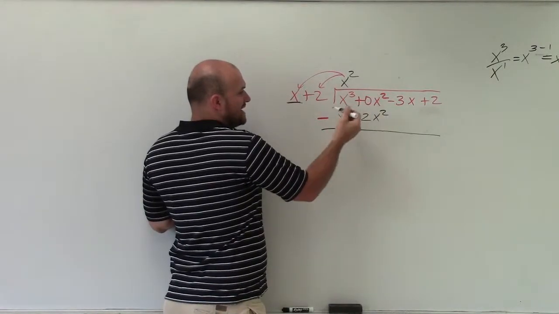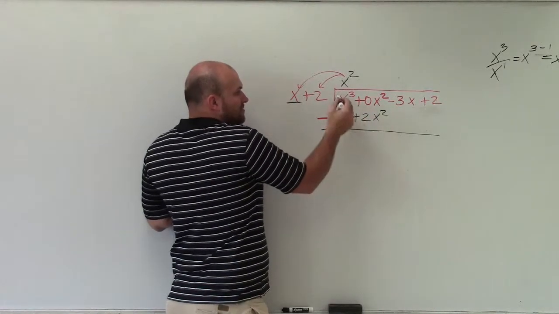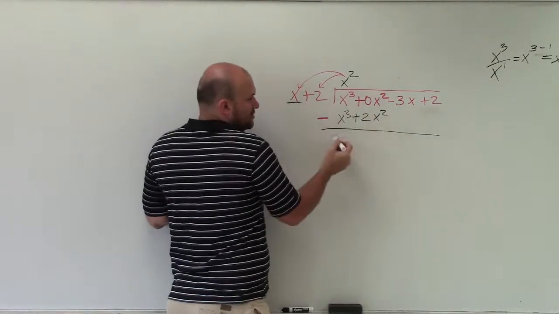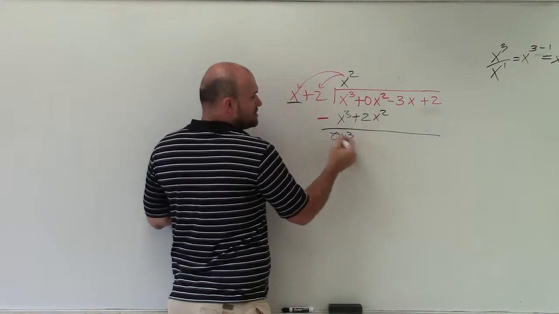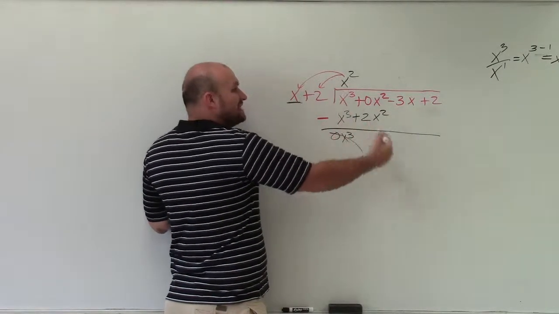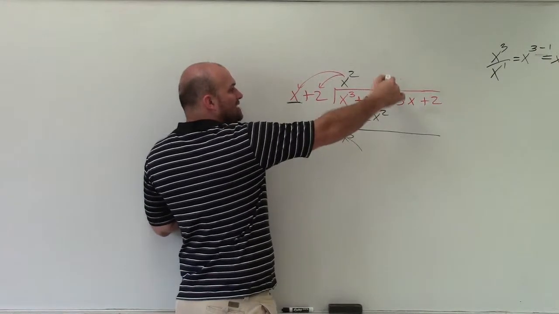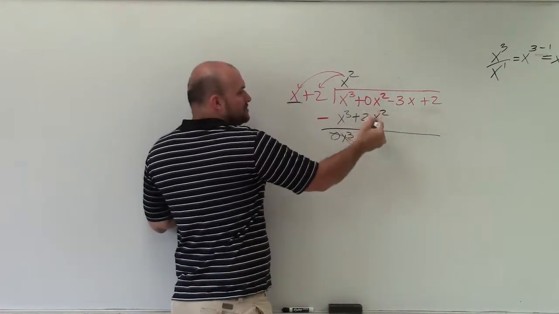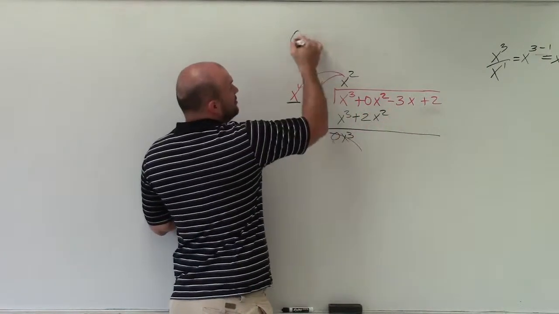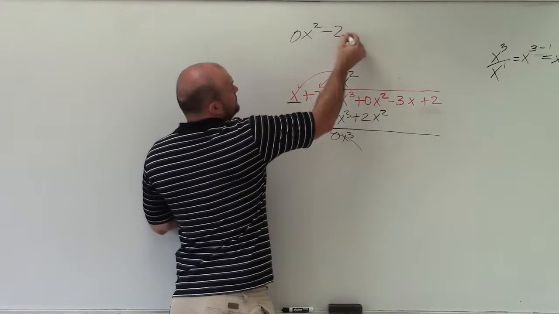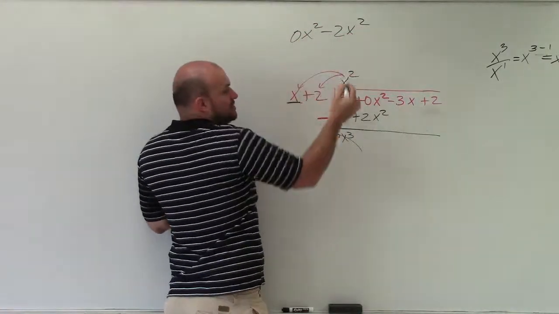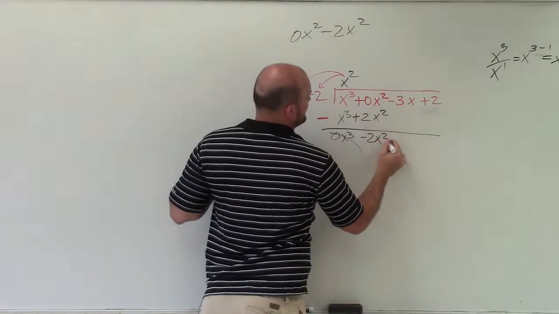X cubed minus x cubed, well, that's really like 1x cubed minus 1x cubed, which is 0x cubed, which is still going to be 0. But then you have to do it again. It's 0x squared minus positive 2x squared. So it really looks like this. Well, 0 minus 2 is going to leave you with a negative 2x squared.